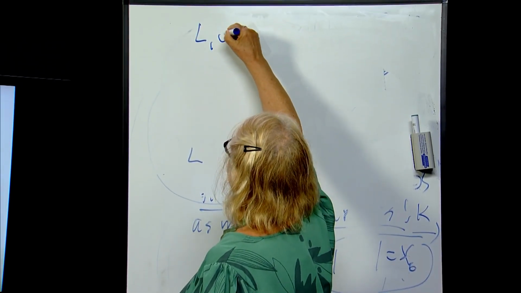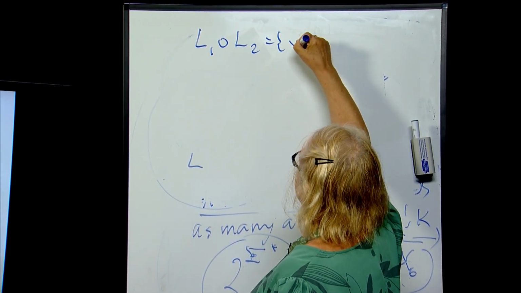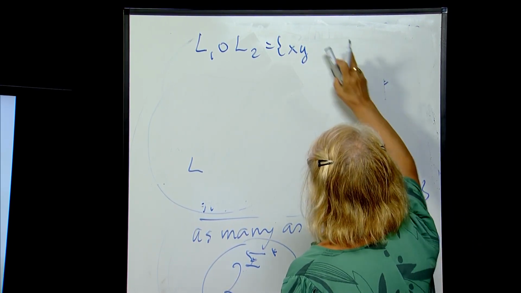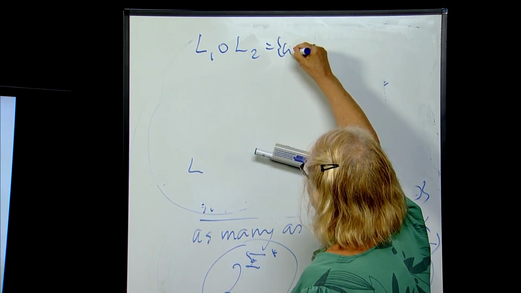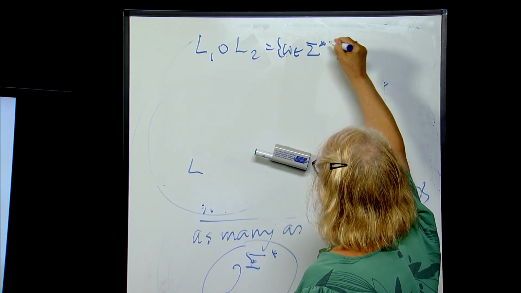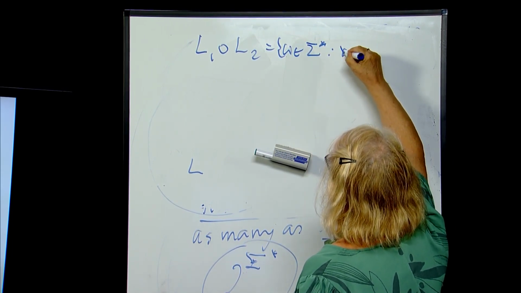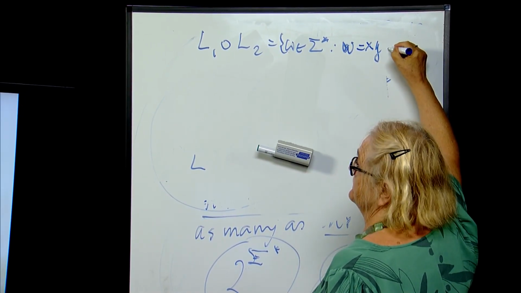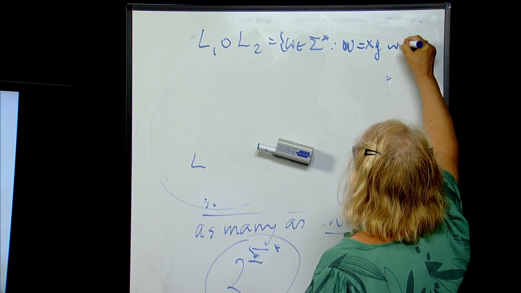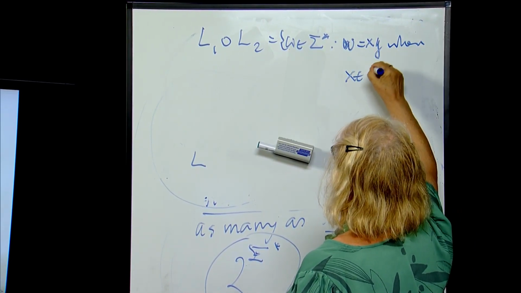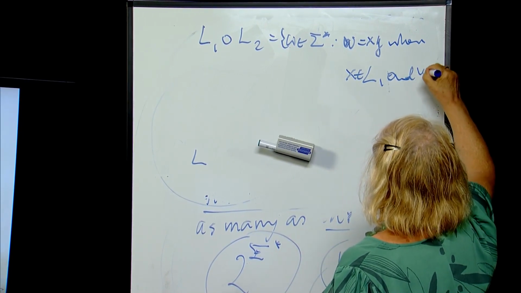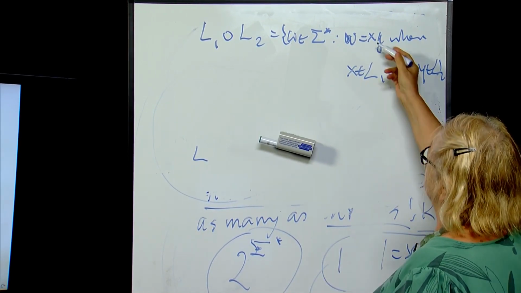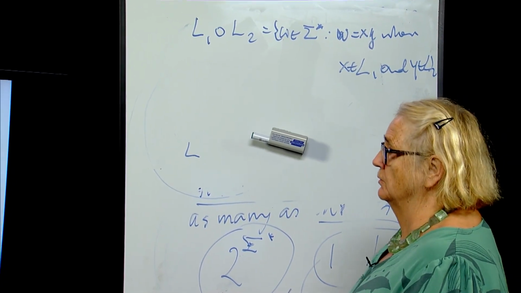So L1 concatenated with L2 is the set of W in sigma star such that W equals X concatenated with Y, where X in L1 and Y in L2. And here you don't write the concatenation symbol. That means concatenate words.